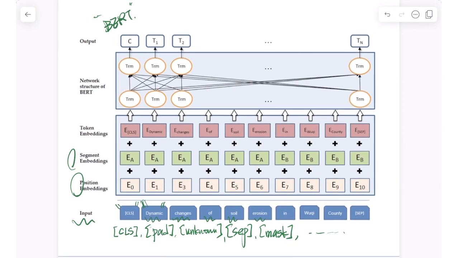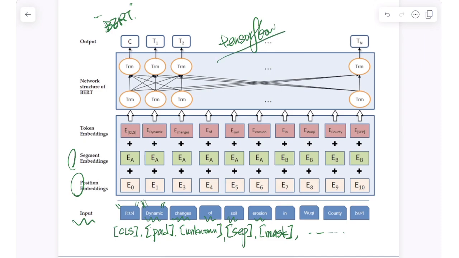So for example, TensorFlow is a new word, so it should not be in the dictionary somehow, right? But as you know, it consists of two words, tensor and flow, and maybe in your dictionary tensor and flow are both in the dictionary.